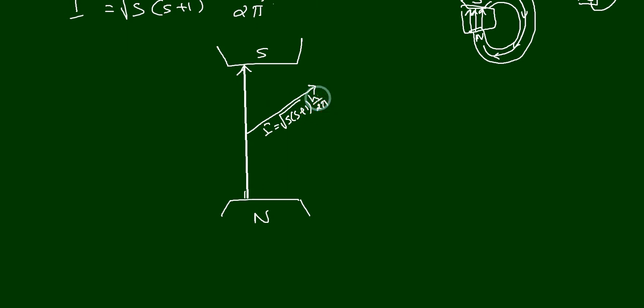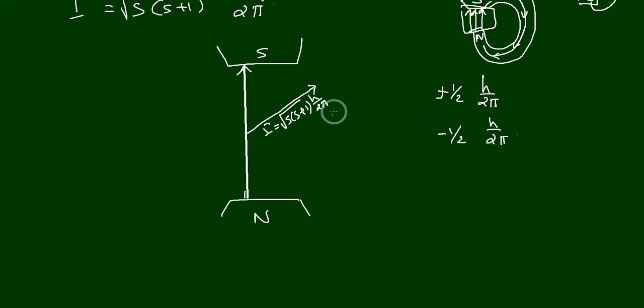If you are considering the component of this angular momentum in the reference direction, that component should be either plus half into h divided by 2 pi or minus half into h divided by 2 pi.